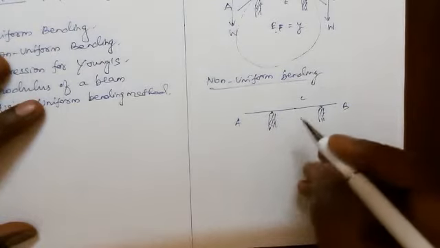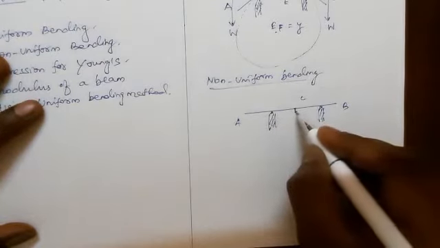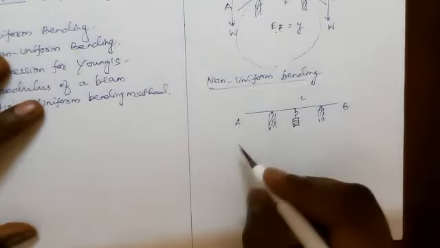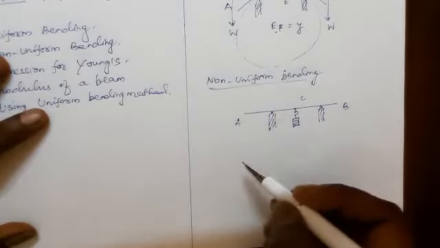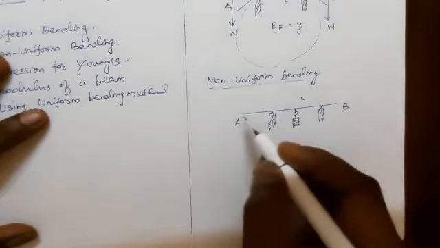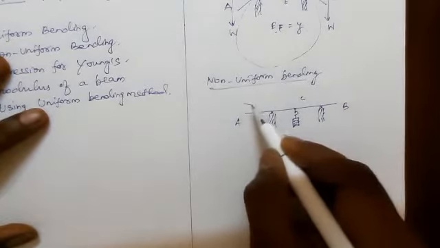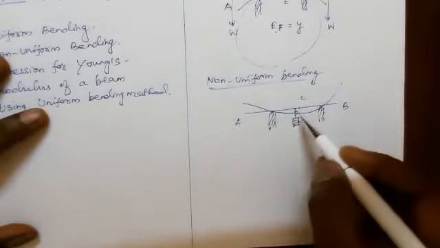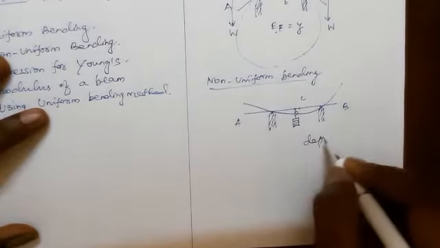Now apply a load at the midpoint of the beam. What happens? The beam bends like this. At the center, a depression is produced.